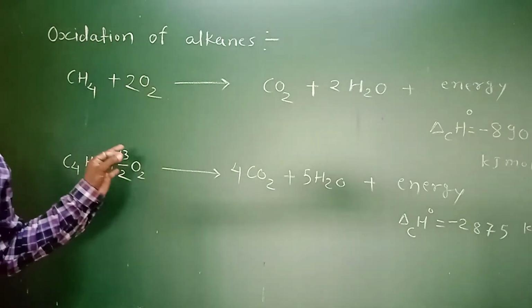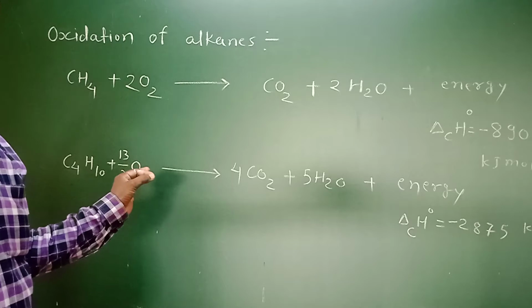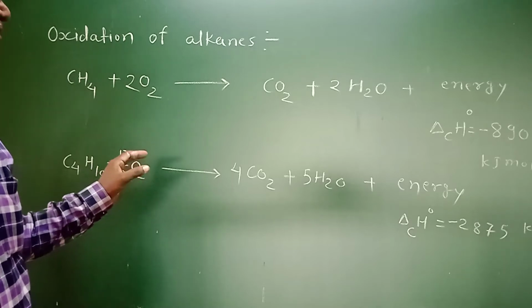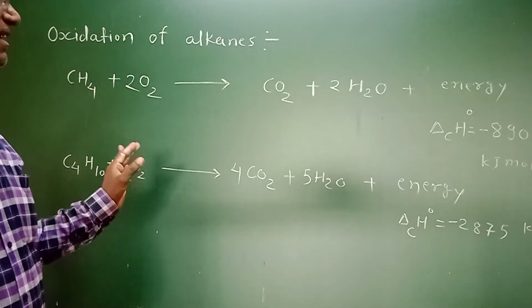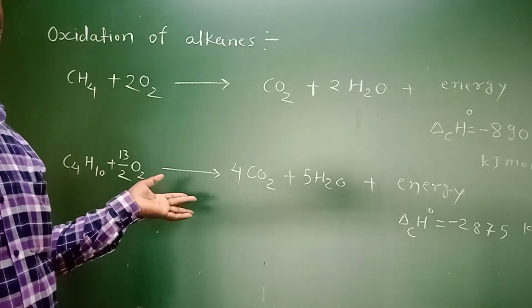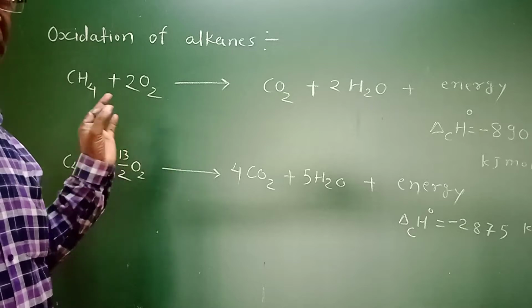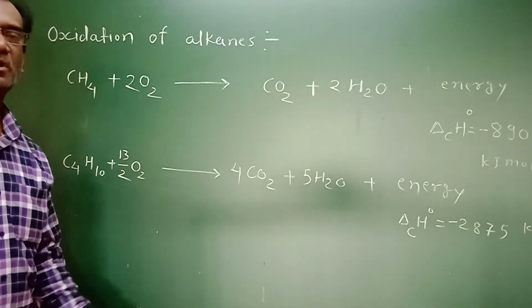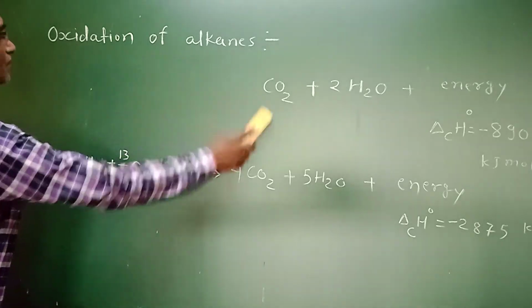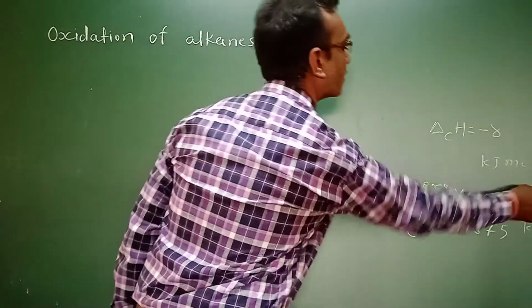This is the simplest way to undergo the oxidation of hydrocarbons, that is alkanes. It undergoes oxidation, that is a type of combustion. But there are other reactions. During this reaction, if we use suitable conditions, we can form different products.